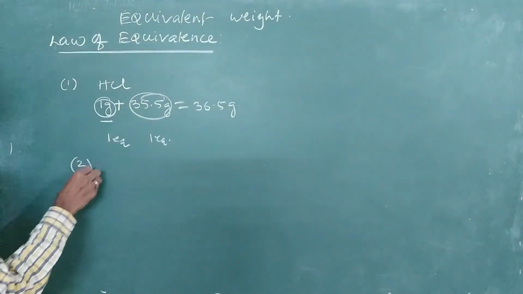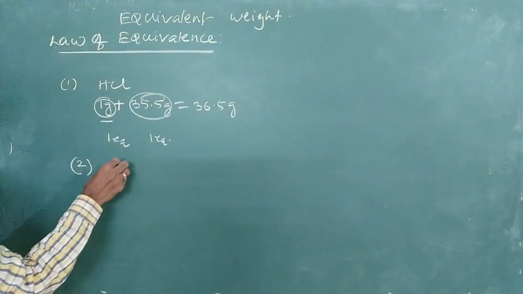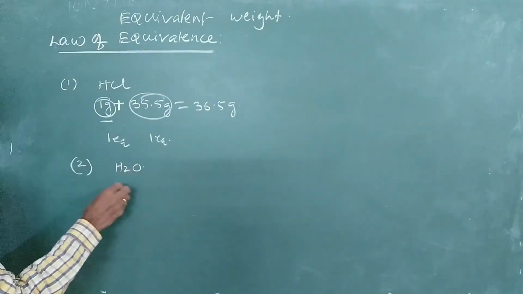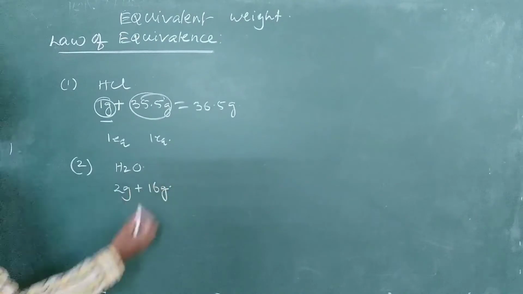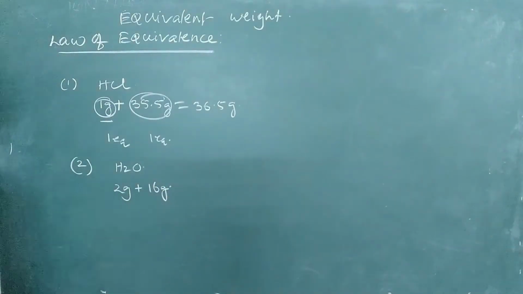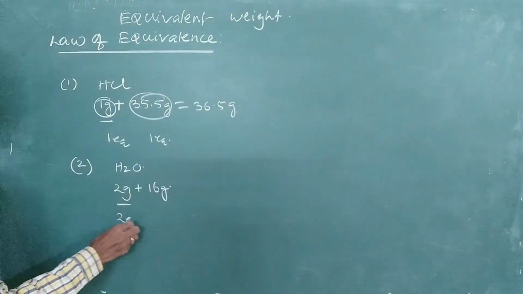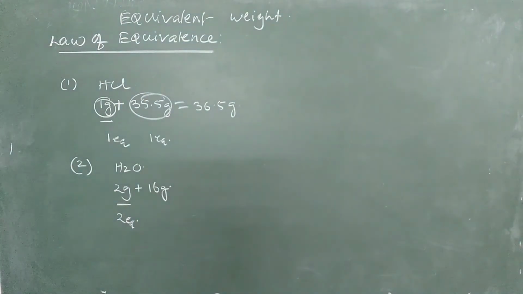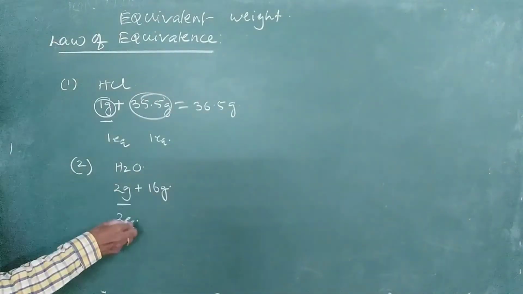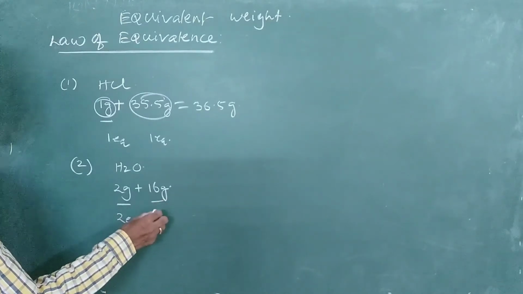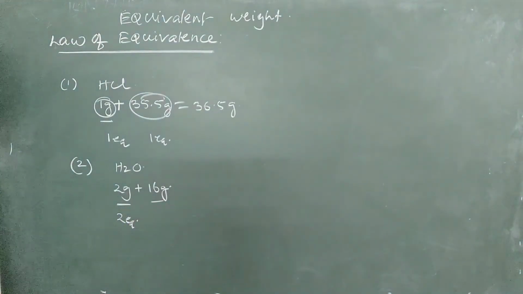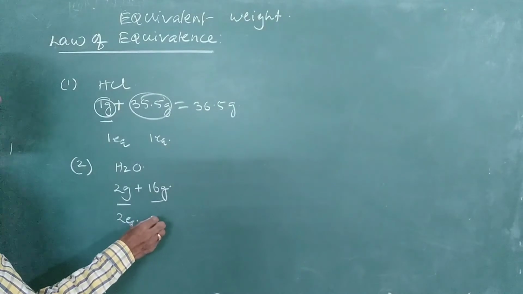Similarly, if you take water, 2 gram of hydrogen combined with 16 gram of oxygen. 1 gram is equal to 1 equivalent, so 2 gram is equal to 2 equivalents of hydrogen, and 16 gram of oxygen means again 2 equivalents because 8 gram is equal to 1 equivalent of oxygen.